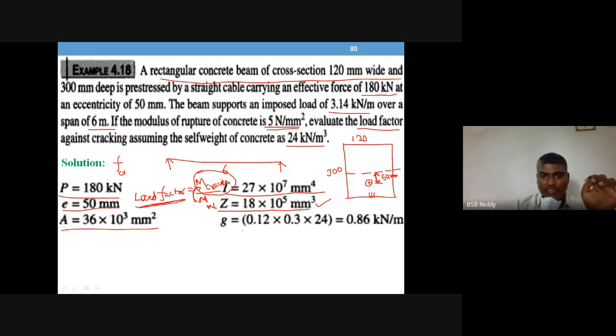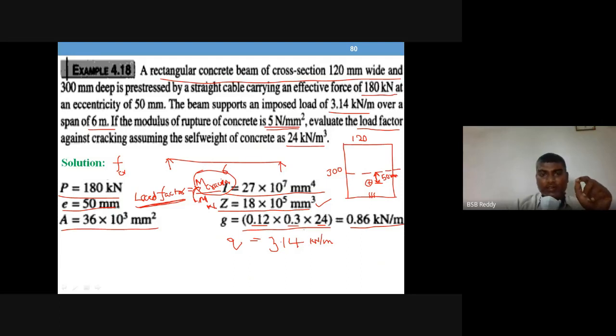Dead load, with cross section in meters 0.12 into 0.3 into gamma 24, gives you 0.86 kilonewton per meter. The live load is already there, q is 3.14 kilonewton per meter.